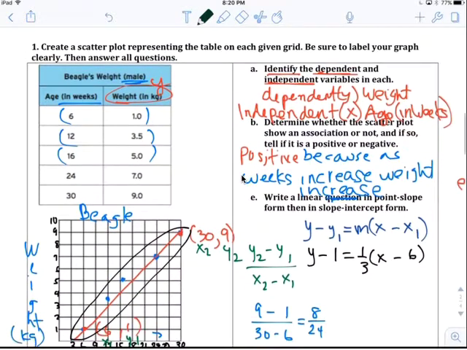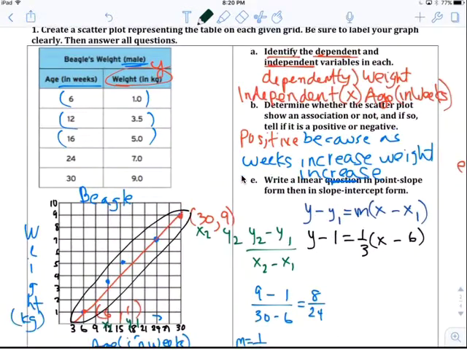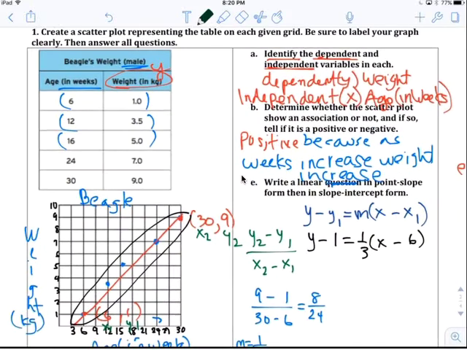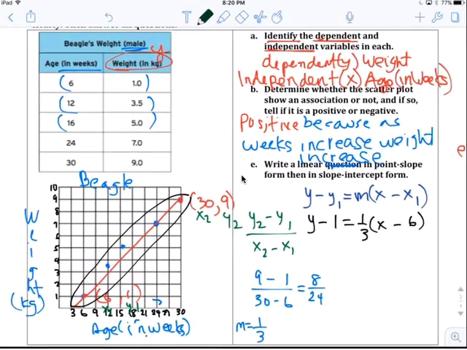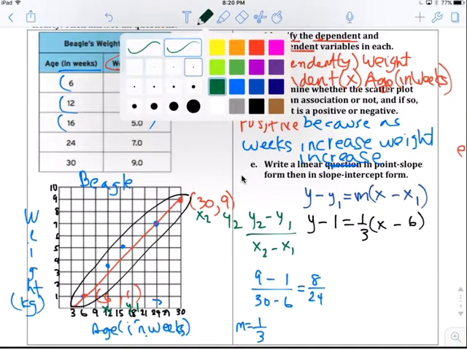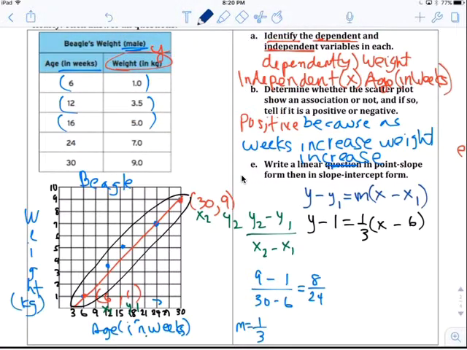Okay, we didn't do this. This is it right here. For number 1, I guess I didn't finish this, but all of you can have a different answer here than this, because you could choose different points than I did.